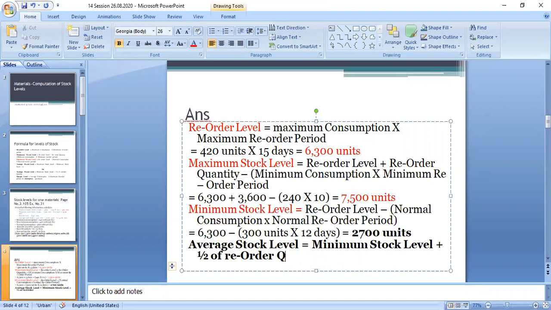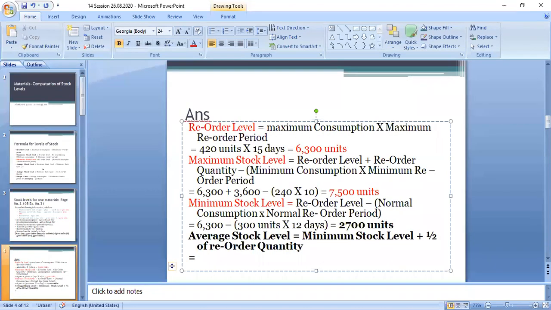So this is a formula for calculation of the average stock level. The minimum stock level is already calculated above, that's 2,700 units.